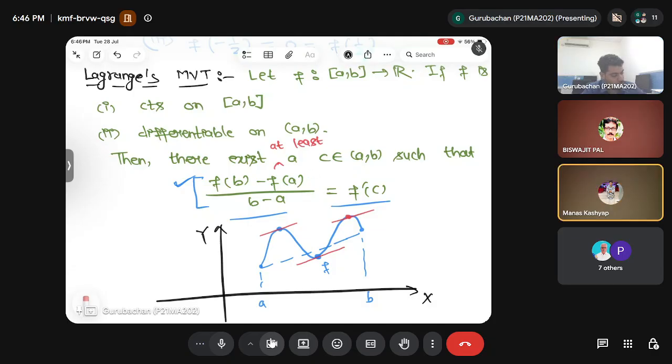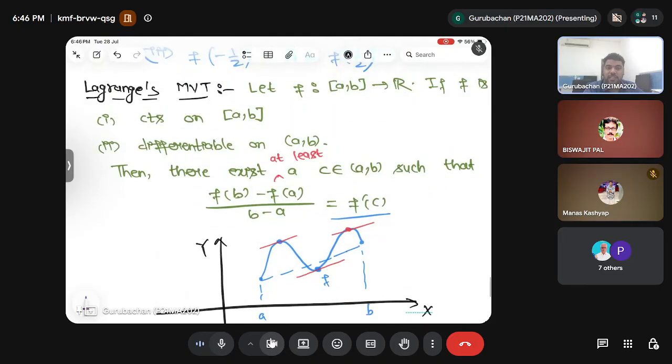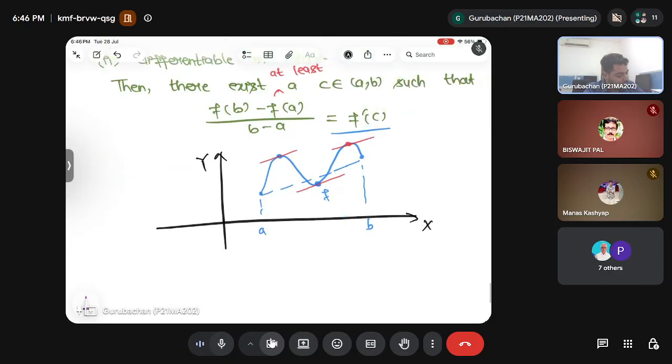It is just a somehow rotated diagram. Because if f of a is equal to f of b, then f dash is equal to 0. Correct. What we are missing here is just the condition f of a equal to f of b that was in Rolle's theorem. Although it has been discussed in the lectures by sir, I am just repeating it.